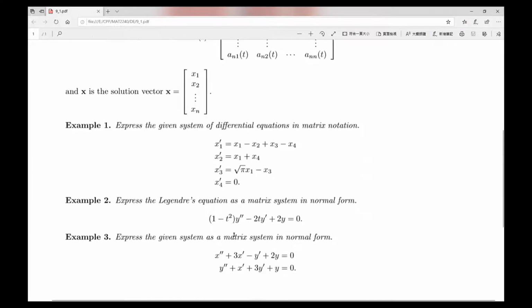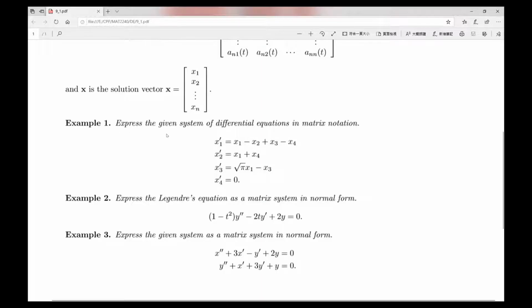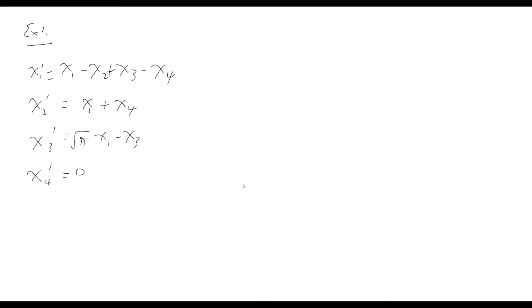Okay, so let's move on to our first example. Express the given system of differential equations in matrix notation. This is the system we have, and basically your matrix A is pretty much like the augmented matrix for a system of equations.